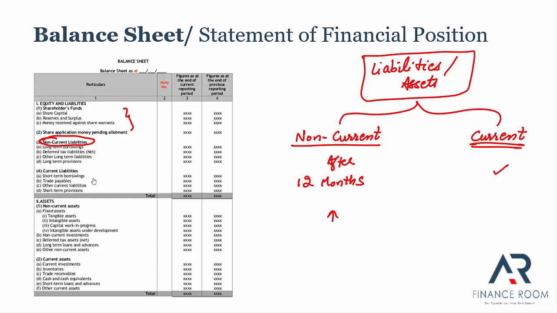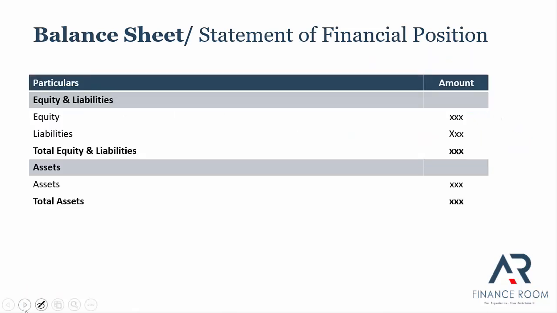Okay, so yes, non-current liabilities, current liabilities, then non-current assets, your fixed assets, investments, deferred tax, current assets, your working capital basically, current investments, inventories, debtors, cash component, and so on. So that was again like we did it in the income statement, guys.